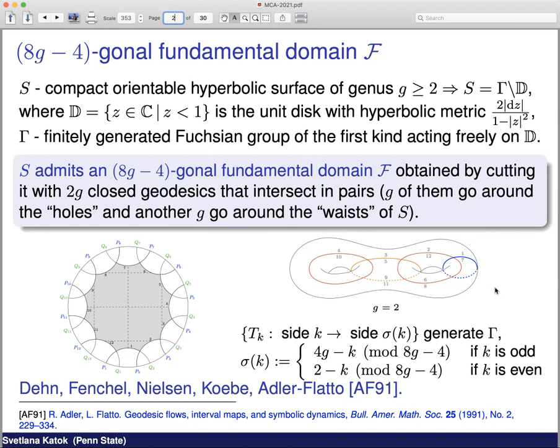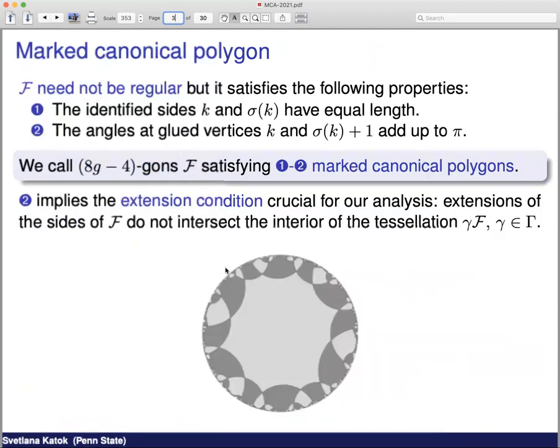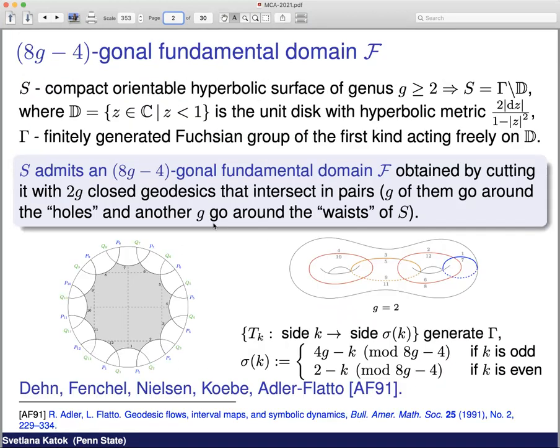So this picture is for genus 2, and you see that when you cut it out, in this case you get a 12-gon, and in general you get an 8G-4 gon. The identification of the sides is exactly marked here: 4 and 10, 3 and 5, etc. This works for any genus by an involution sigma by this simple formula.